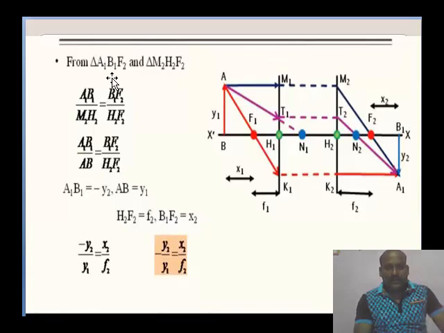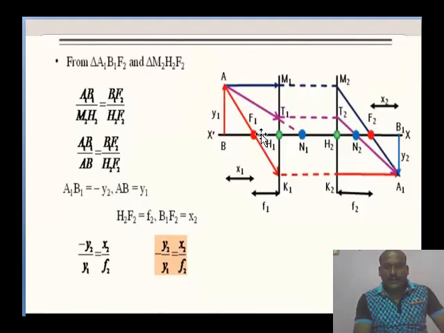Next, from similar triangles, I had taken the previous slide's triangles. Now I take triangle AB1F2, this is one triangle. Another triangle is F2M2H2, and these two triangles are both similar.